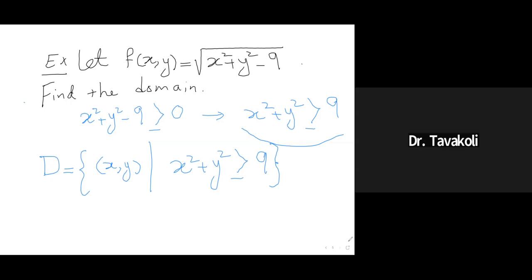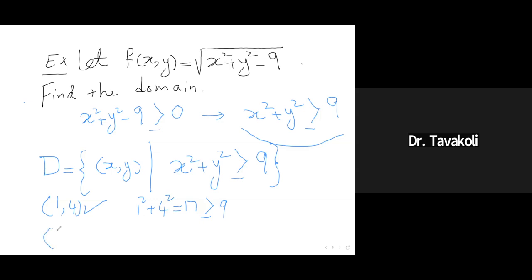So for example, the point 1, 4, is it in the domain or no? Let's see. 1 squared plus 4 squared is 17, which is more than or equal to 9. It's good. So 1, 4 is in the domain.